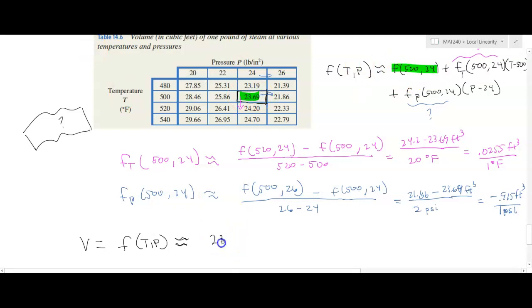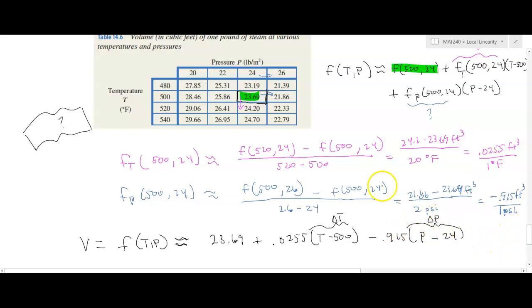So we have 23.69 plus what we just approximated for the change in volume per change in temperature, 0.0255, multiplied by how much your temperature is going to change relative to the original temperature of 500 degrees, minus 0.915 times P minus 24, or our change in P. So remember, this right here represents our change in T relative to 500 degrees, and this right here represents the change in pressure relative to 24 PSI.